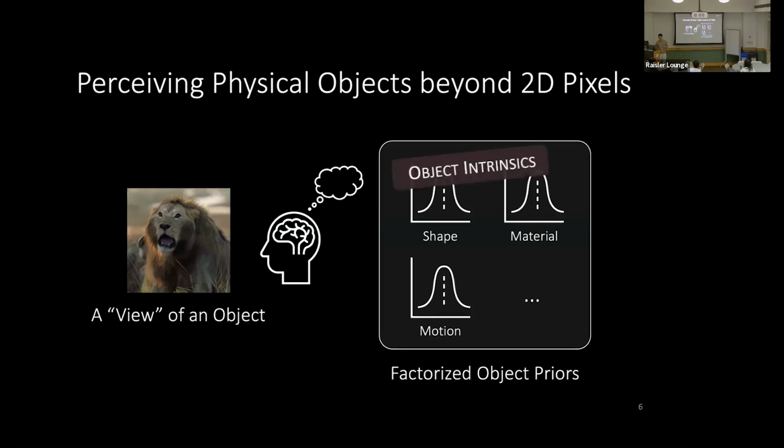This is what we tend to call object intrinsics, which are basically these vectorized distributions over the instances that we observe in the world.